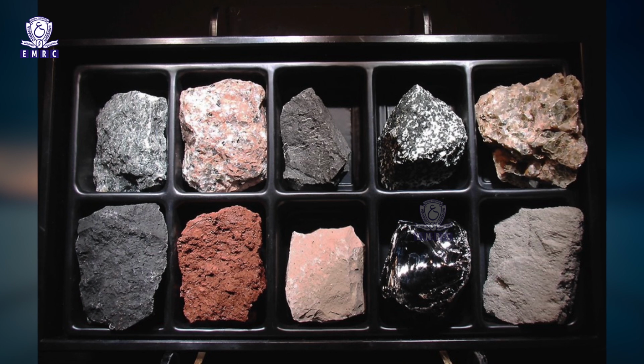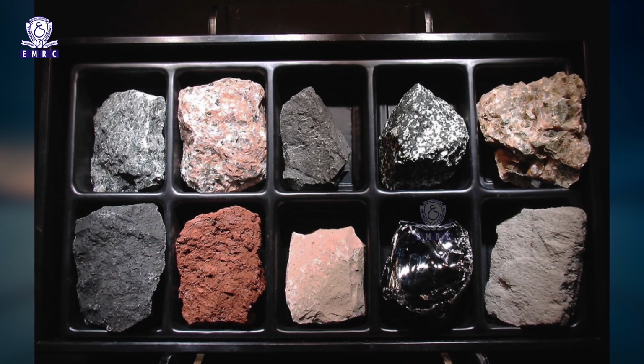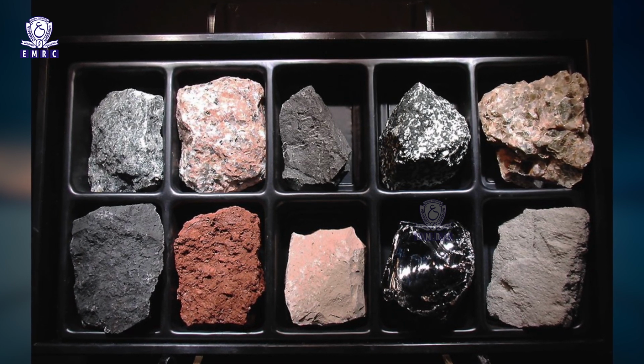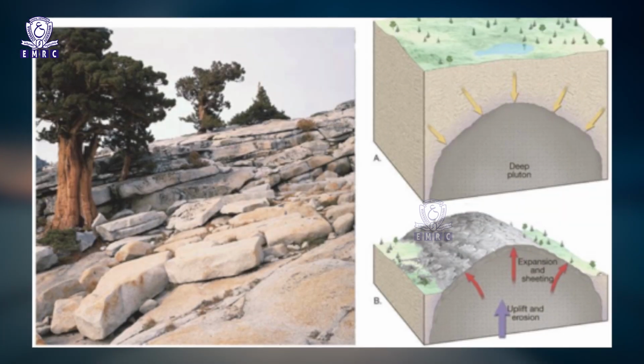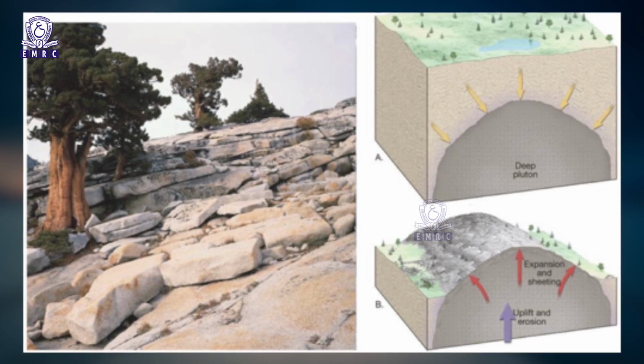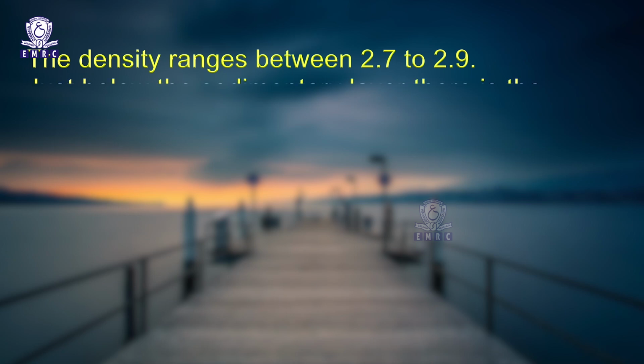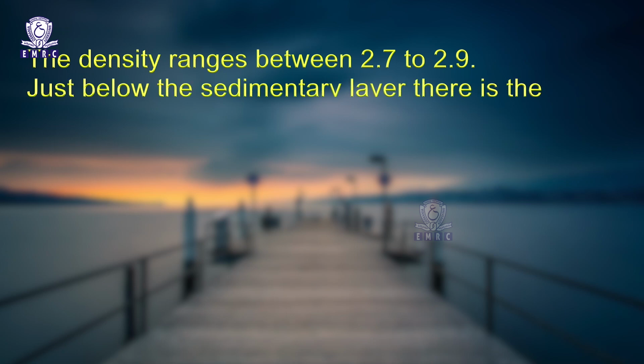Numerous inferences can be drawn about the constitution of the interior of the earth on the basis of density of rocks, pressure of the weight of the overlying rocks, etc. It is believed that the outer layer, which is the thinner part of the earth, is composed of sedimentary rocks. The density ranges between 2.7 to 2.9.